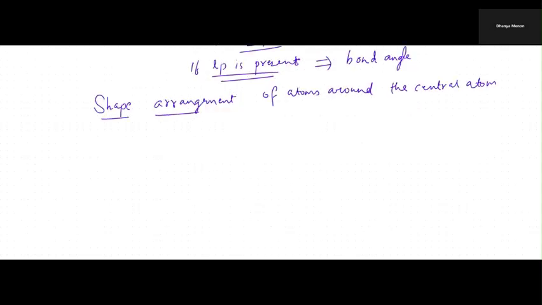Okay, so geometry, we just saw. Geometry means what? Geometry is the arrangement of bond pair and lone pair. Shape is just the arrangement of atoms around the central atom.